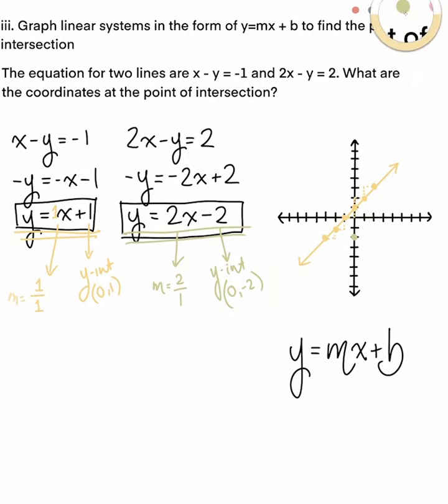Okay, so I'm going to do my slope now, which is up 2 and over 1, up 2 and over 1, up 2 and over 1. Oh, I see, I should have added one more yellow dot on my line.